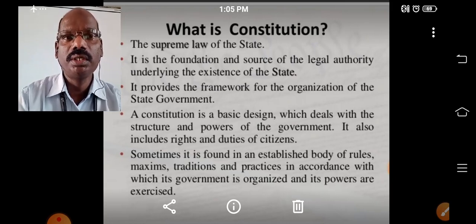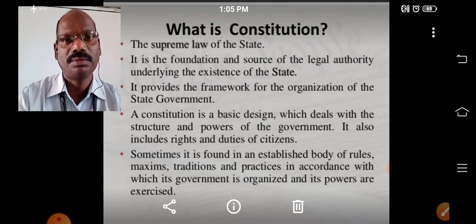A constitution is a basic design. Why is it called a basic design? Because it deals with the structure and powers of the government. It also includes the rights and duties of a citizen.